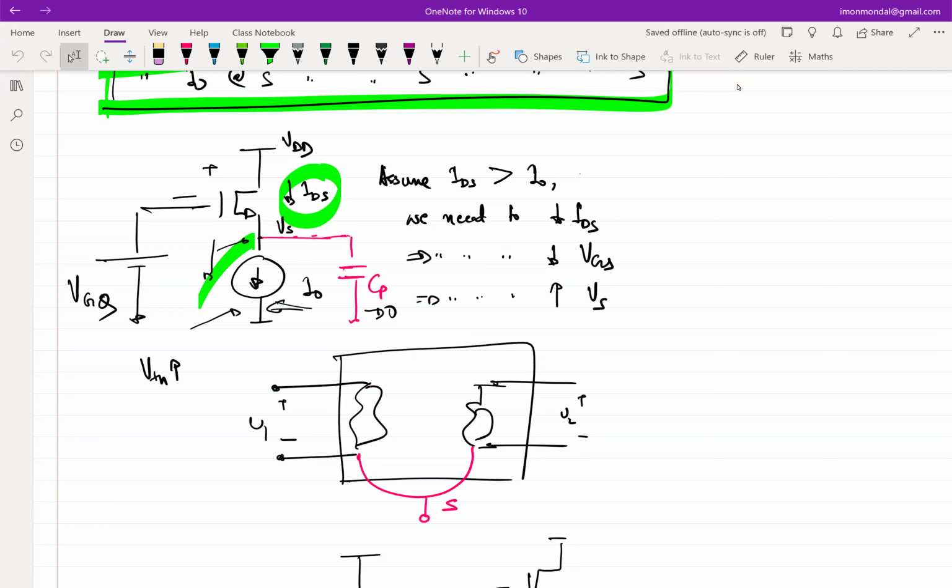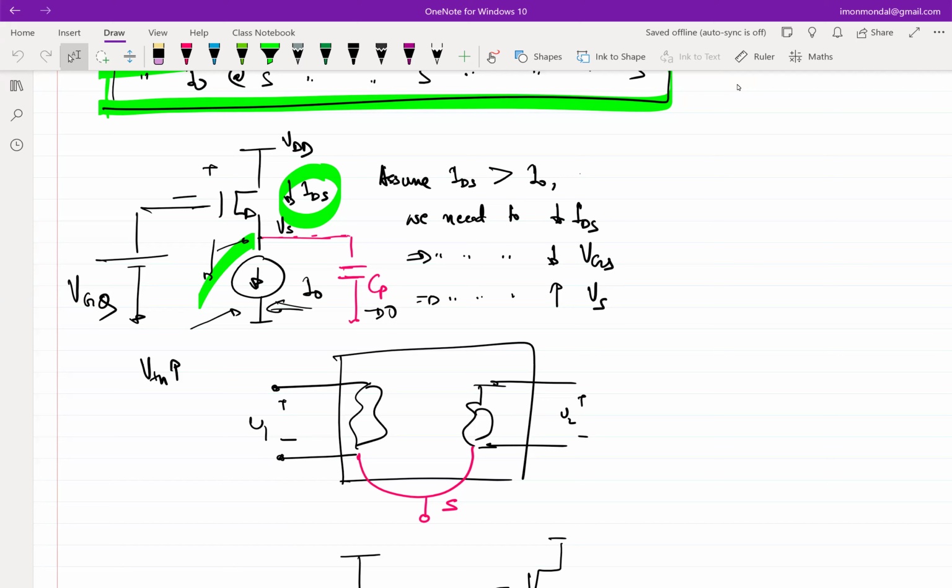It works because, if you simply follow the argument, if the current source I naught, for example, in this case, is higher than IDS, that is, let's assume that at startup the VGS of the transistor is not high enough to provide the requisite amount of current I naught, which means IDS is smaller than I naught, which means if I concentrate on that node VS, the source node, I'm pulling more charges out of that node than we are pushing in, which means VS will go down.